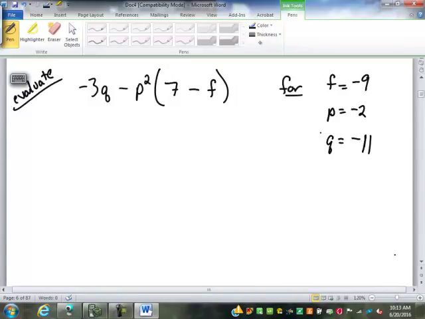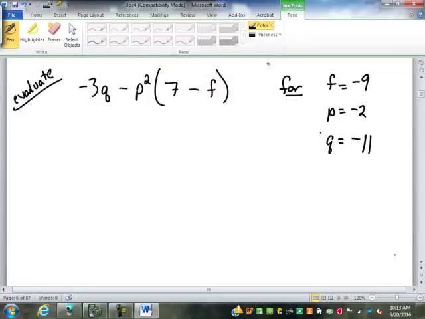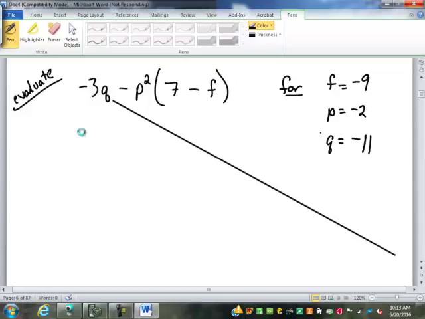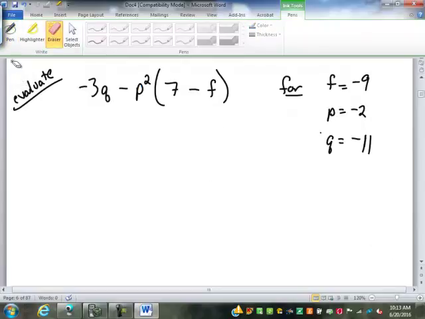Okay, so let's go ahead and plug the numbers in, which is really the first and the most important step, is getting these numbers plugged in correctly. So tell me what to do here. Yep, negative 3 times -11. Oops, -11 for Q, sorry.